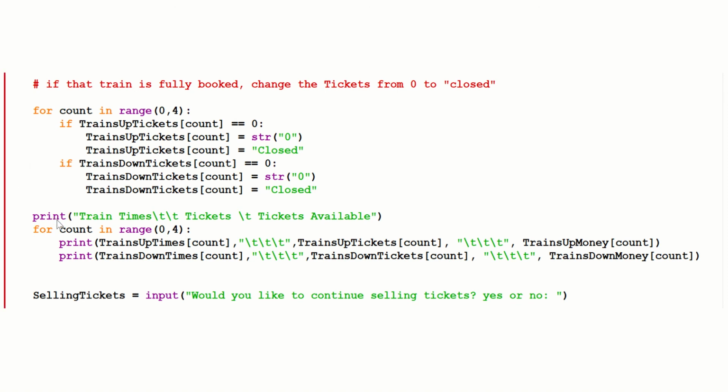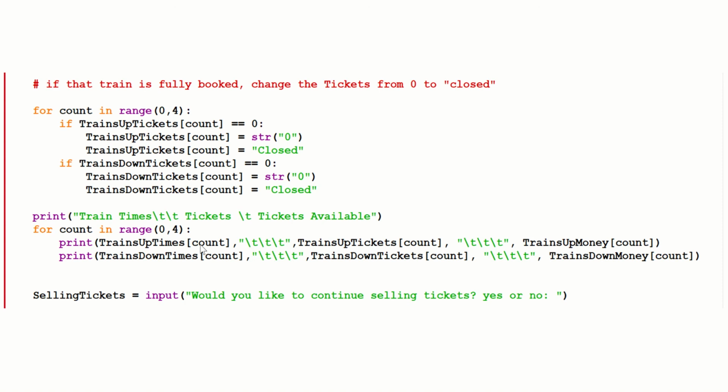Okay, and also for the down one, print train times, space, tab, space, tickets availability. This is wrong, actually. This was supposed to be money collected, so this would print train times, tickets and money collected. So it would repeat the next part, counting range 0 to 4, to repeat this 4 times.